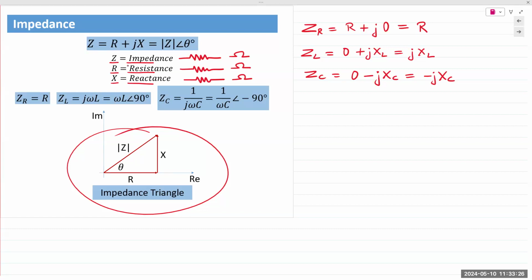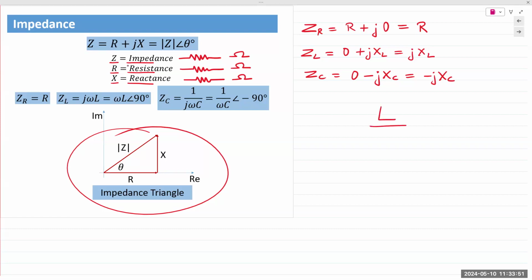Now we were talking about opposing the change in voltage, opposing the change in the input current. In an inductor, you have an input current, it creates a voltage, and it opposes any change in that current. So the current is delayed. For any inductor you take, the current will always be delayed from the voltage by 90 degrees. In graphical terms, it looks like this.